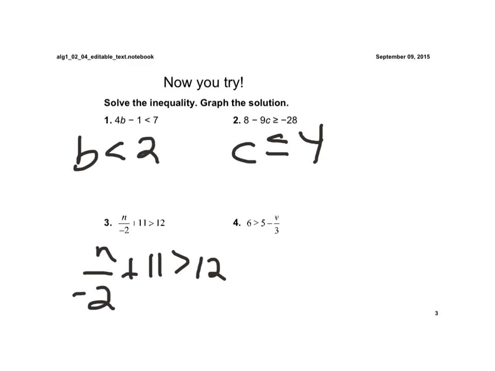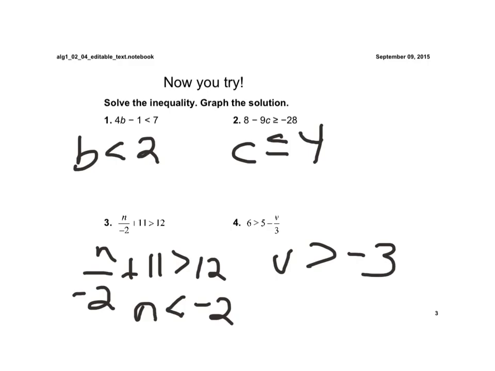On number 3, we would subtract the 11 first, and then we'd have to multiply by a negative 2, which would reverse the sign. So our answer for number 3 would be n is less than a negative 2. Then number 4, we'd subtract the 5, and we'd have to multiply by a negative 3, so your answer to number 4 should be v is greater than a negative 3.